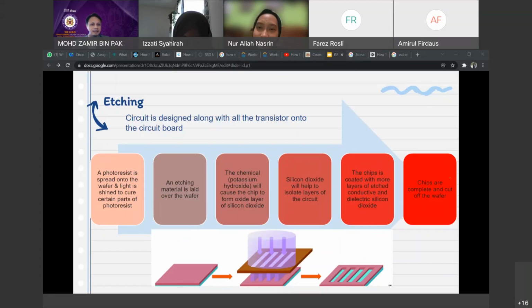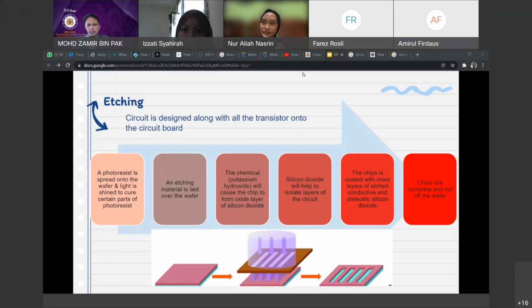Is it the hardening as well? Yeah, certain part of the resist you want to make the part become the circuit. So that's not going to be removed then, right? Yeah. Okay. All right then.